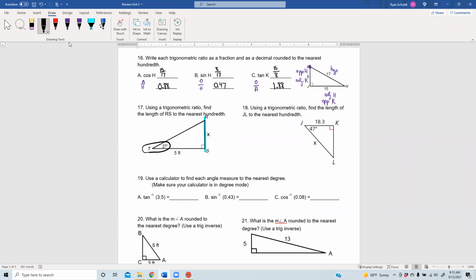Then let's see, how does that X compare to the 27? It's opposite. What about the 5? That's adjacent. So which one uses opposite over adjacent? It's going to be tangent.